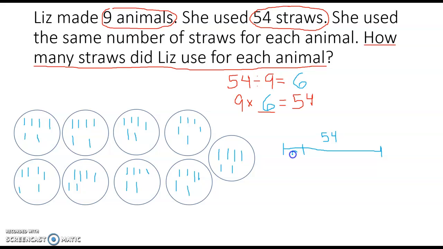And we would have 1, 2, 3, 4, 5, 6, 7, 8, and 9 groups of 6.